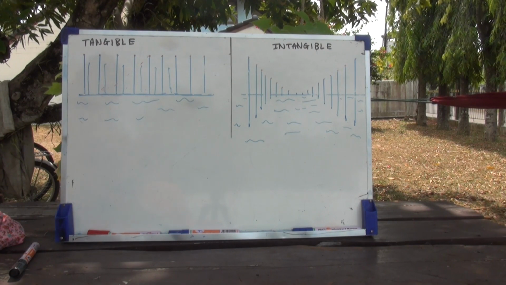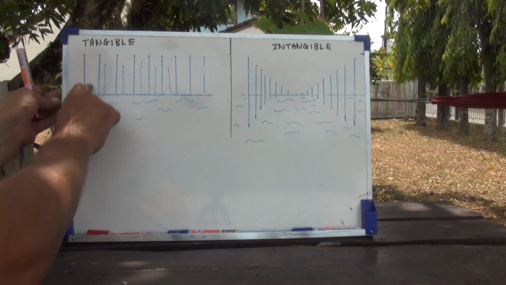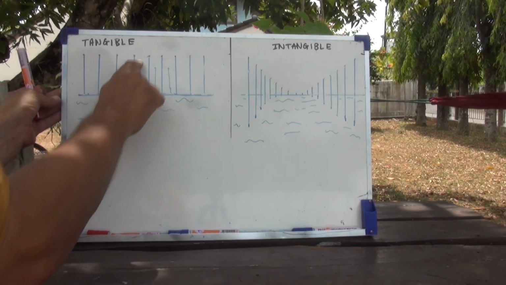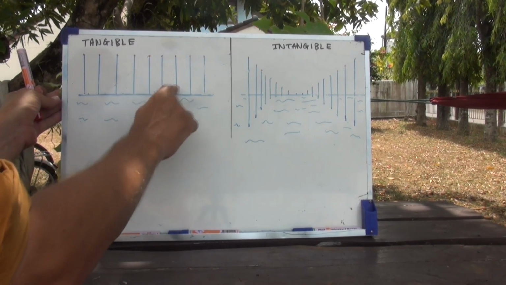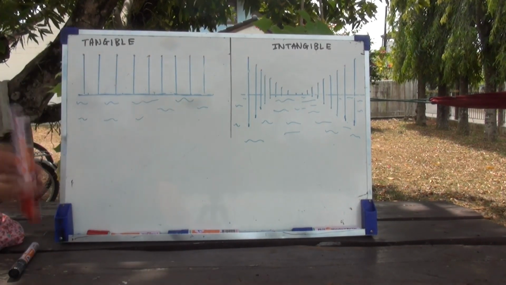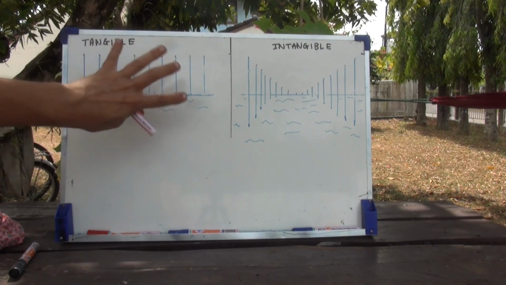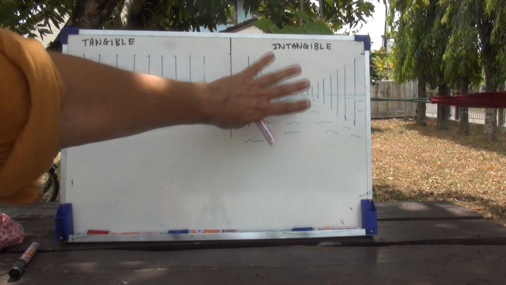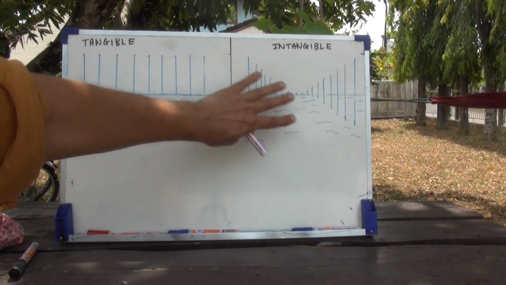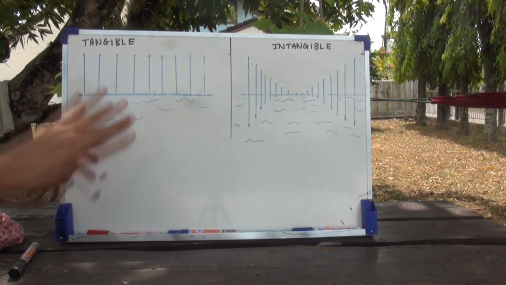So let's just try and illustrate that in a way that makes sense. You see, it's really, really fundamental to understand that this view is not the same as this view, is it? Yeah, they are starkly different.